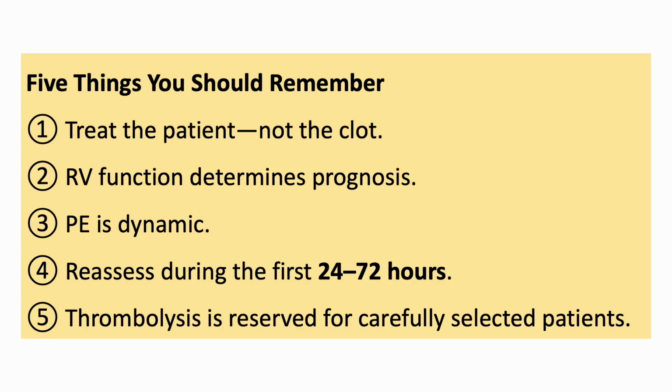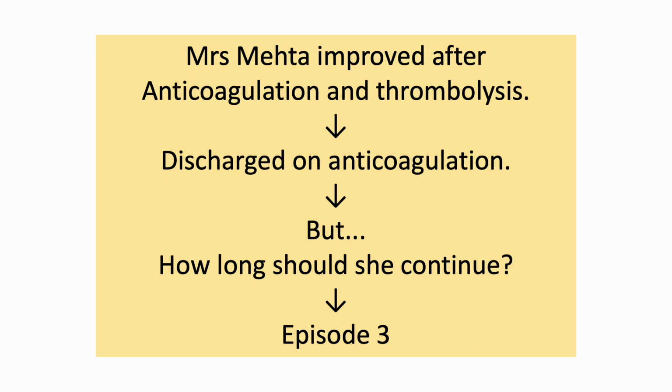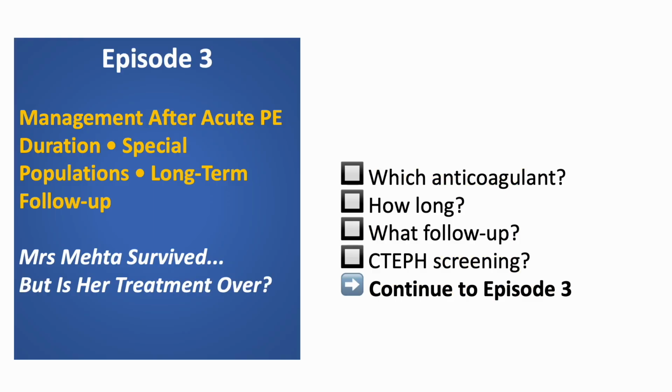So for all of that and more, let's follow Mrs. Mehta through episode 3 once she's discharged on anticoagulation, and now the decision has to be made for further follow-ups. So with that, I will see you in episode 3 of my Pulmonary Embolism Guideline series.